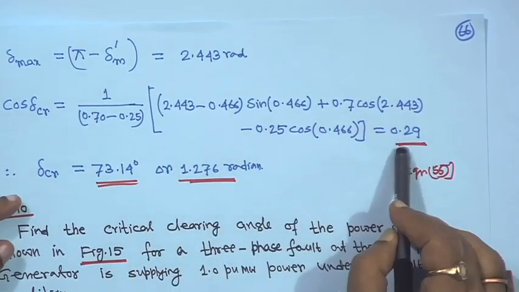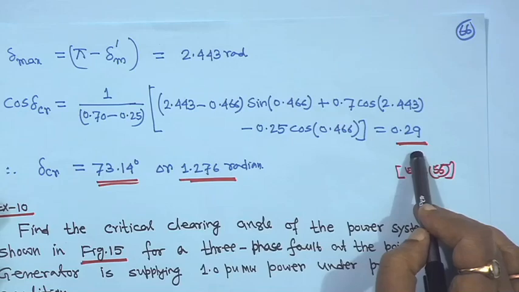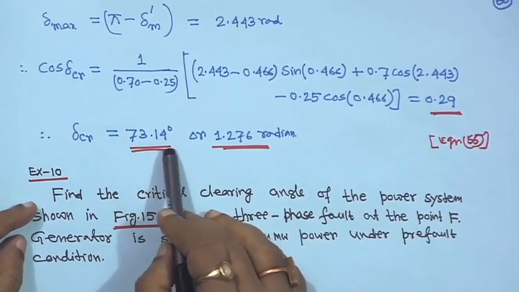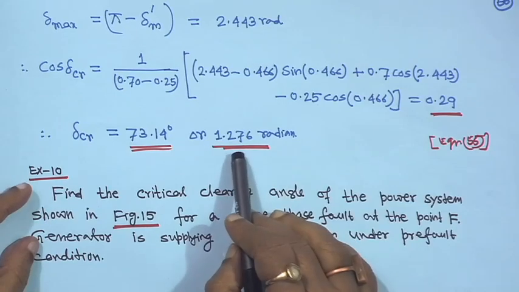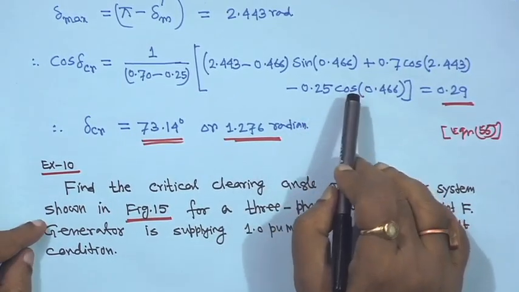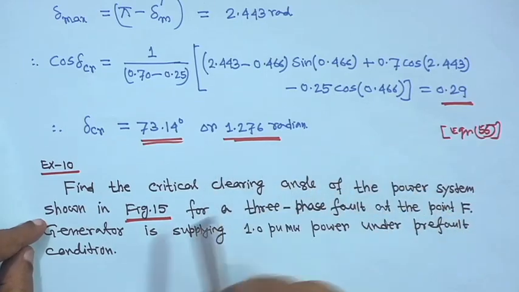If you compute all, it will become 0.29. That means the critical angle delta will become 73.14 degree or 1.276 radian, right. Directly you can put it there and you will get this answer. So, this is the answer.